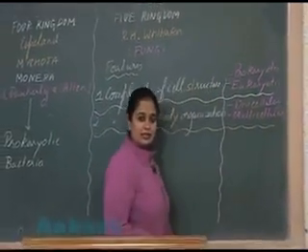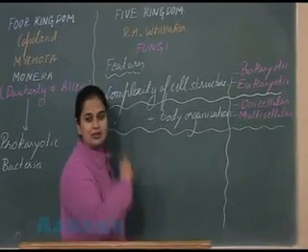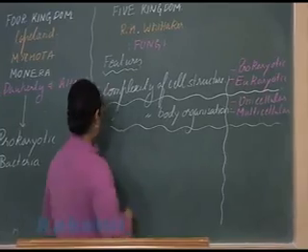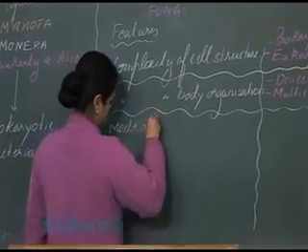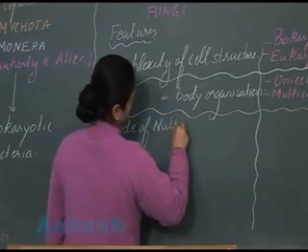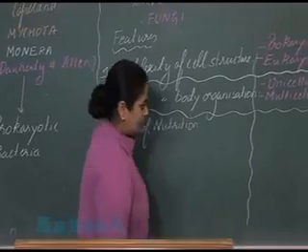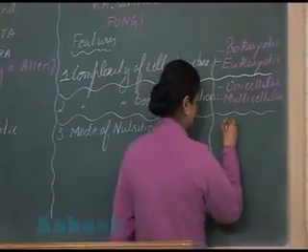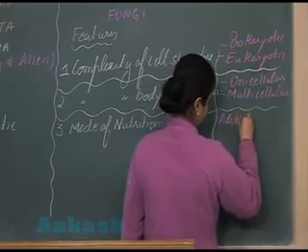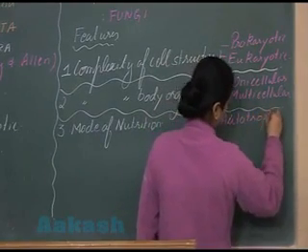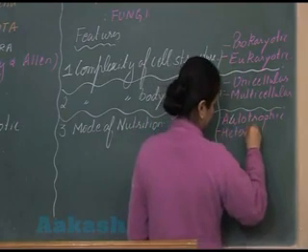Now the third one is mode of nutrition, which is the main criteria of his classification. Mode of nutrition, that is whether the organism is autotrophic or heterotrophic.